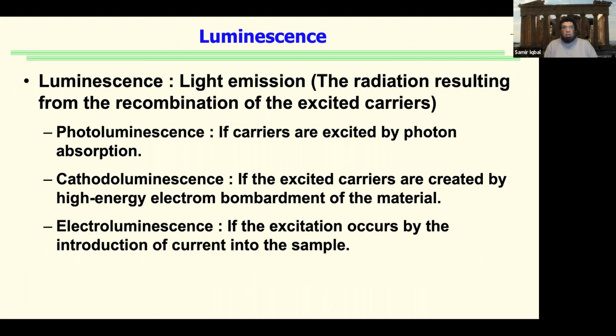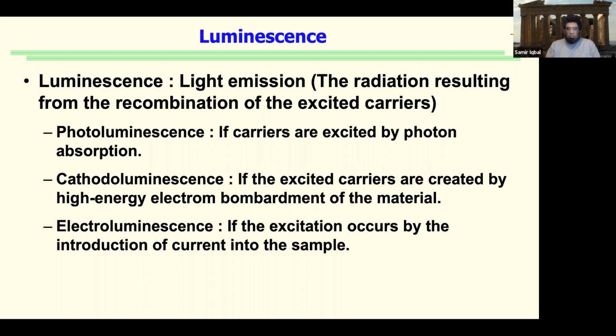What do we call this phenomenon? We call it luminescence. There are many types of luminescence, but the basic definition is that it's the emission of light. Essentially, there are three steps that we saw before. A is the jump of an electron to the conduction band, what we call electron hole pair generation.